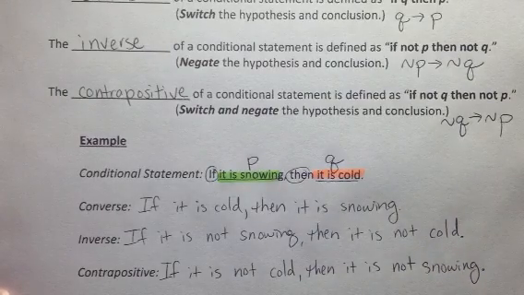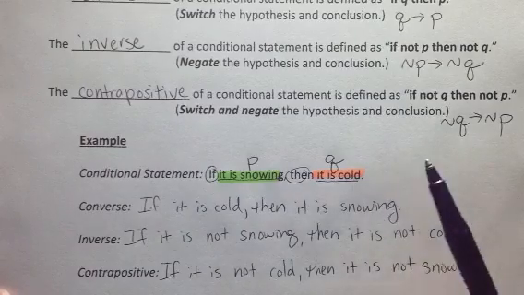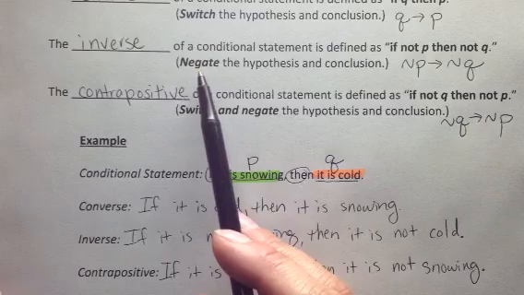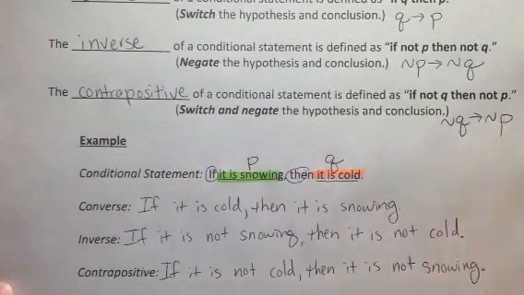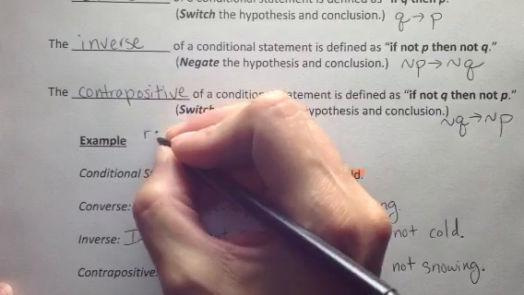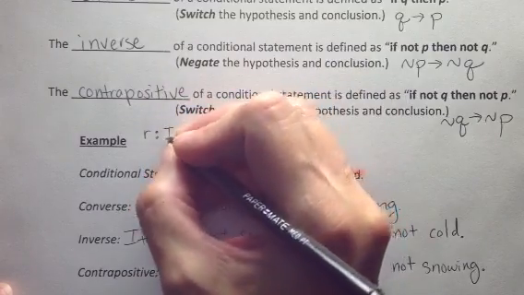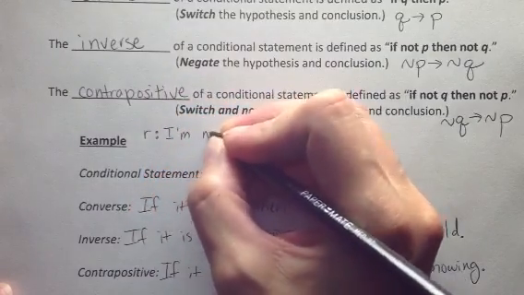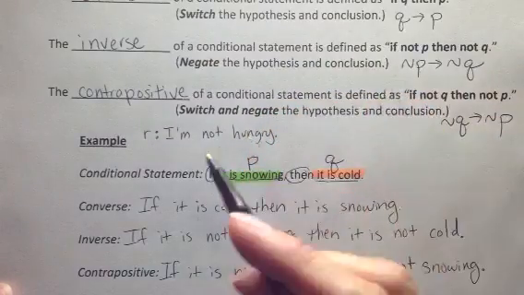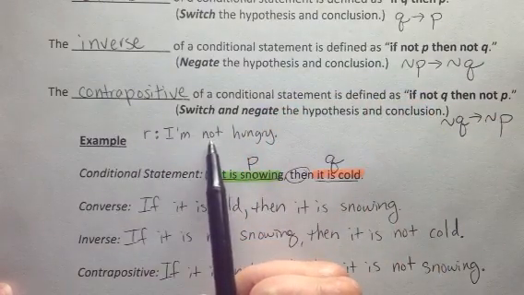Before I go on, I want to say a couple things. First of all, the negation part. I'm just going to make up a new statement here. I'm going to say if I define R as I'm not hungry. Notice that the R has the not in it.